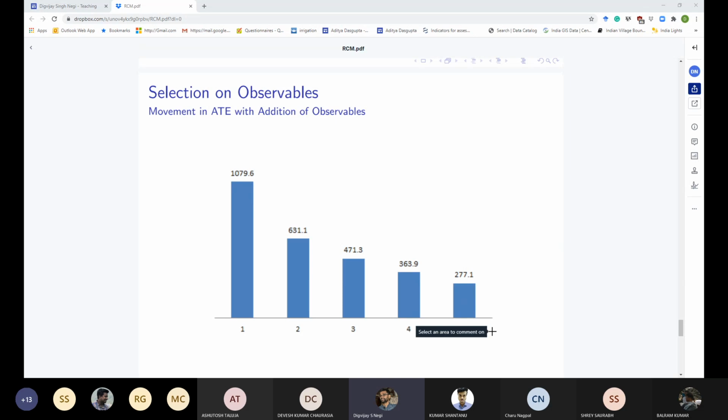It is the true treatment effect plus the selection bias, right? So delta in specification 1, some small proportion of it is the true treatment effect, but the rest may very well be driven by selection bias. That selection bias may be on observables as you see in 1, 2, 3, 4, 5, or it may also be on unobservables which we cannot control for in these regressions. So that's the key idea.